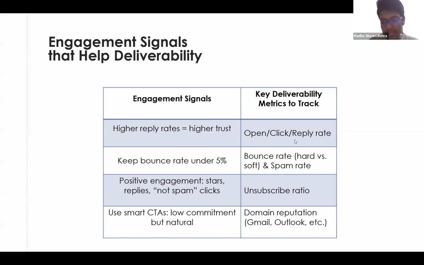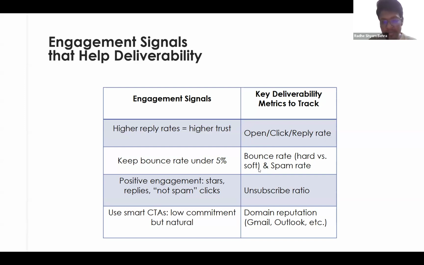Then we have reply rate. Reply rate is okay. You can track it anyway. It doesn't have any HTML code of sorts. You receive the reply in your inbox, which is what counts, right? Then there is bounce rate. There are hard bounces and soft bounces. Hard bounces are, simply speaking, those emails that do not exist at all.